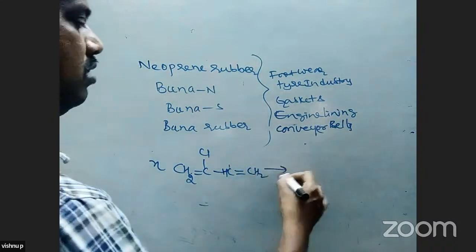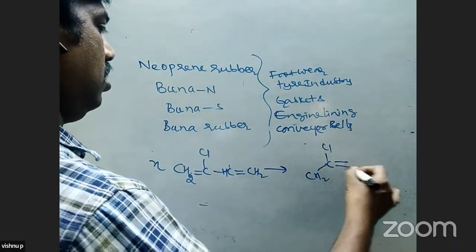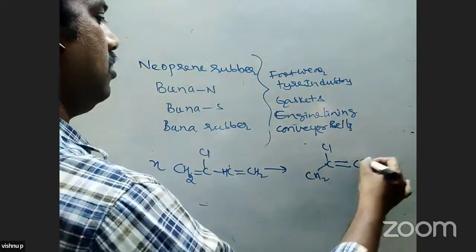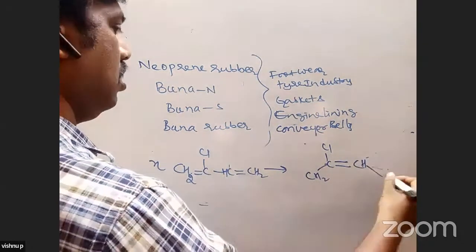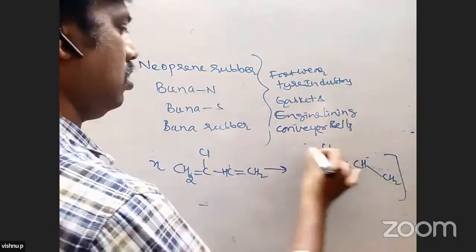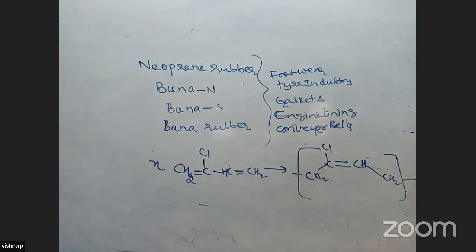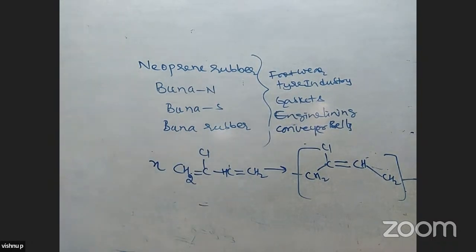N number of molecules combine and form this polymer unit, CH2, which is involved in the polymerization process. So this is neoprene rubber.